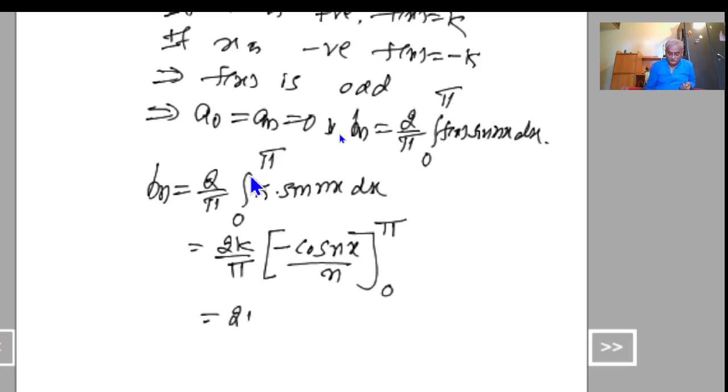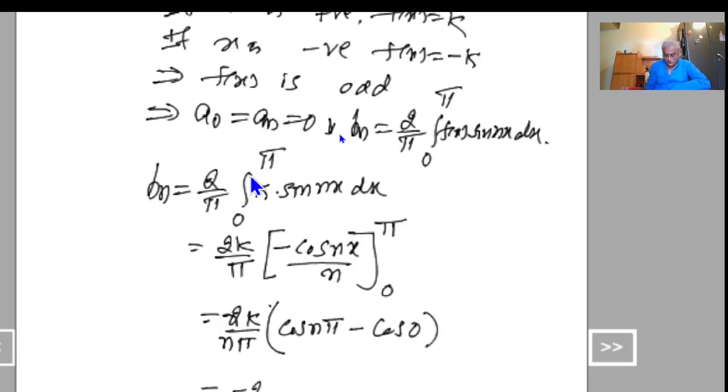So this is equal to 2k divided by pi into, or we can write this negative sign outside, minus 2k by pi, and n also outside, minus 2k by pi n. Then what remains in the bracket? Put the upper limit, cos n pi minus cos 0.